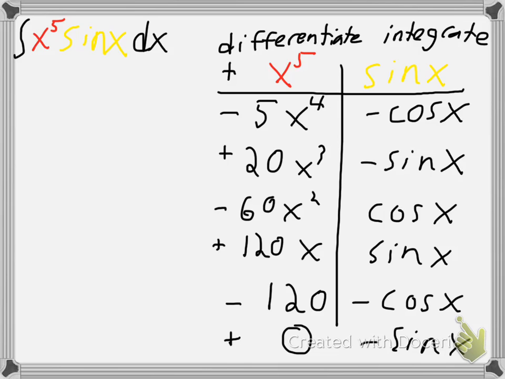And from there, now we just multiply diagonally, as shown. And then we add everything that's been multiplied together. And that'll get us our answer. So try and follow along, and I'll explain later for those that are confused.